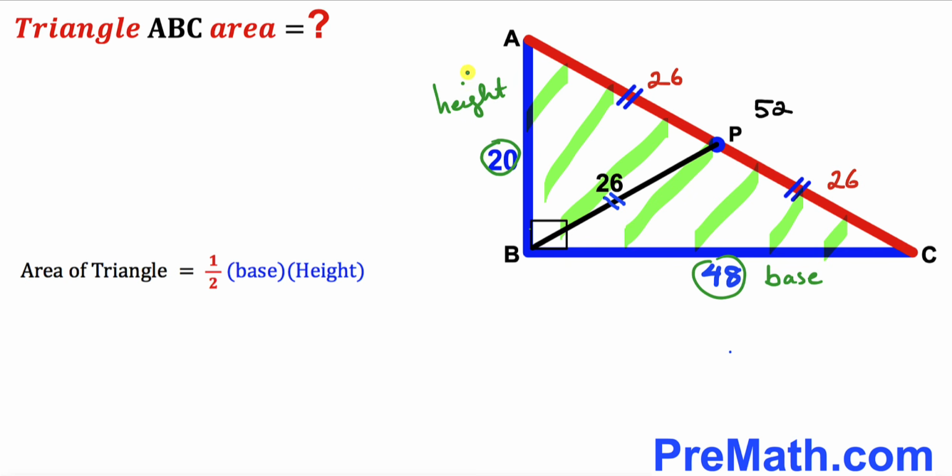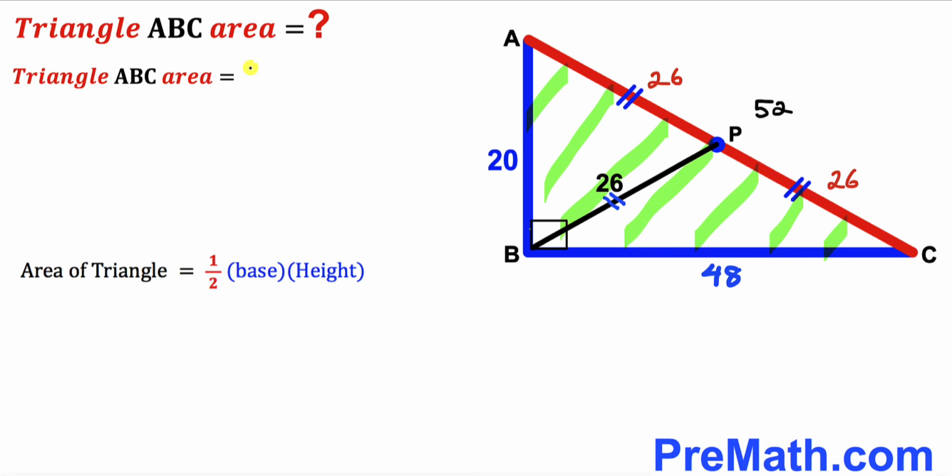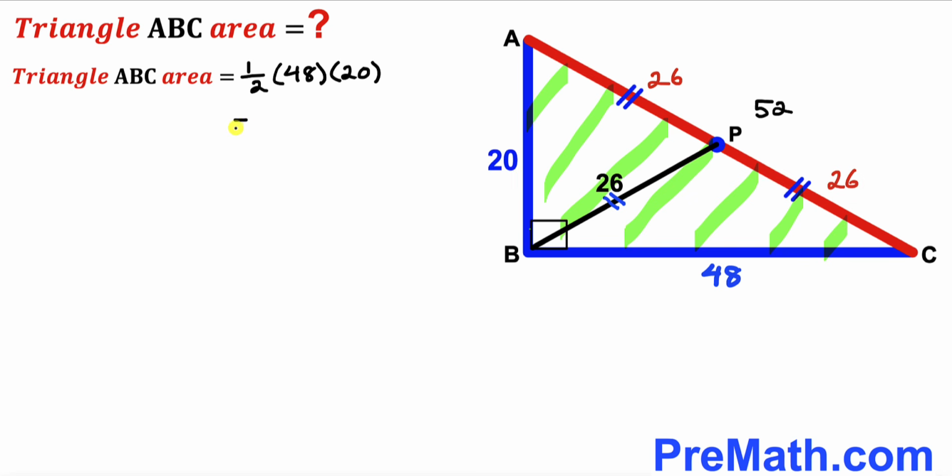So the triangle ABC area is going to be a half times the base, 48, times the height, 20. If we multiply and simplify, that gives us 480 square units, the area of this right triangle ABC.